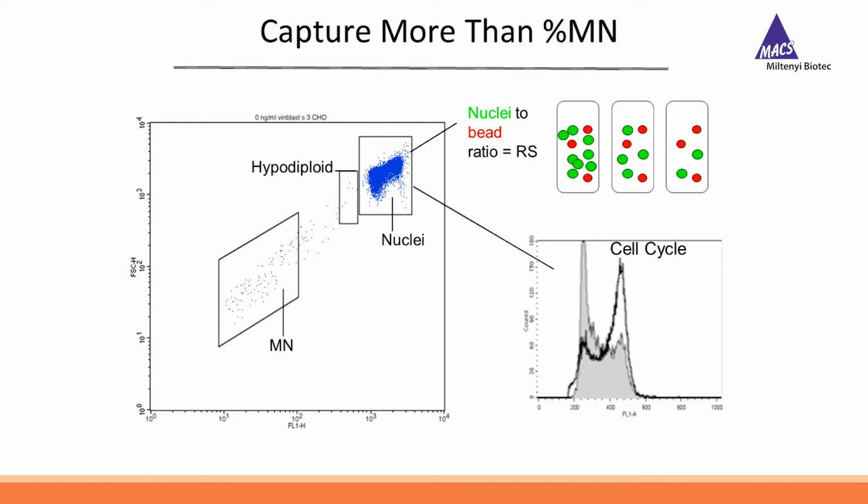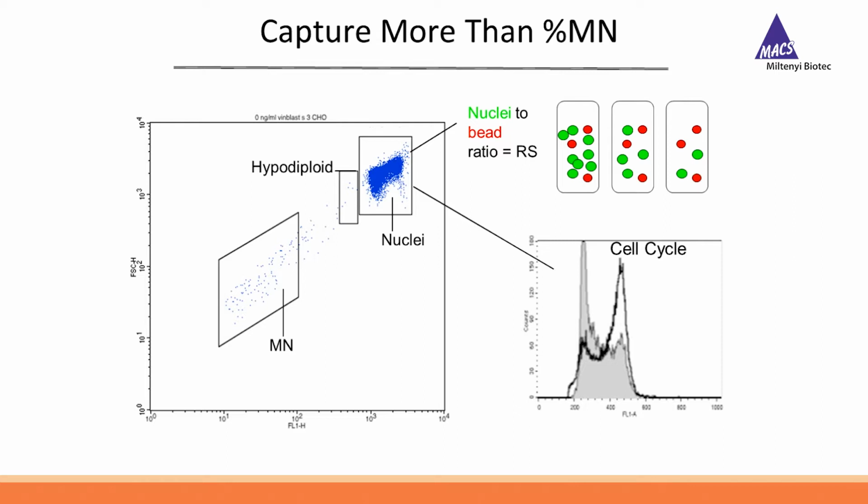I'm showing you an example of that here, where the gray profile is from a control cell type, and then the clearer dark-outlined cell cycle profile is from a genotoxic agent causing a G2M block.